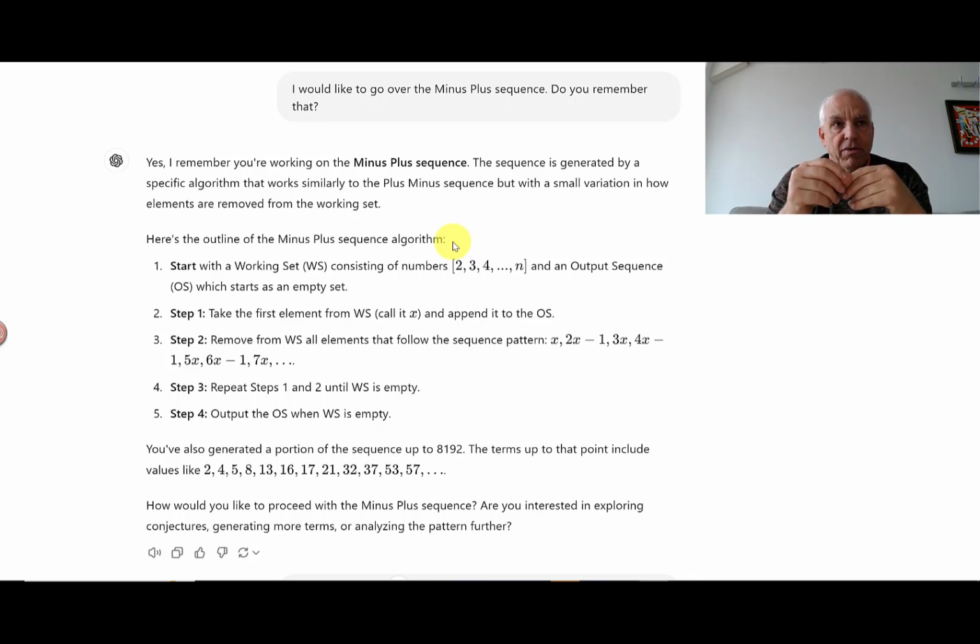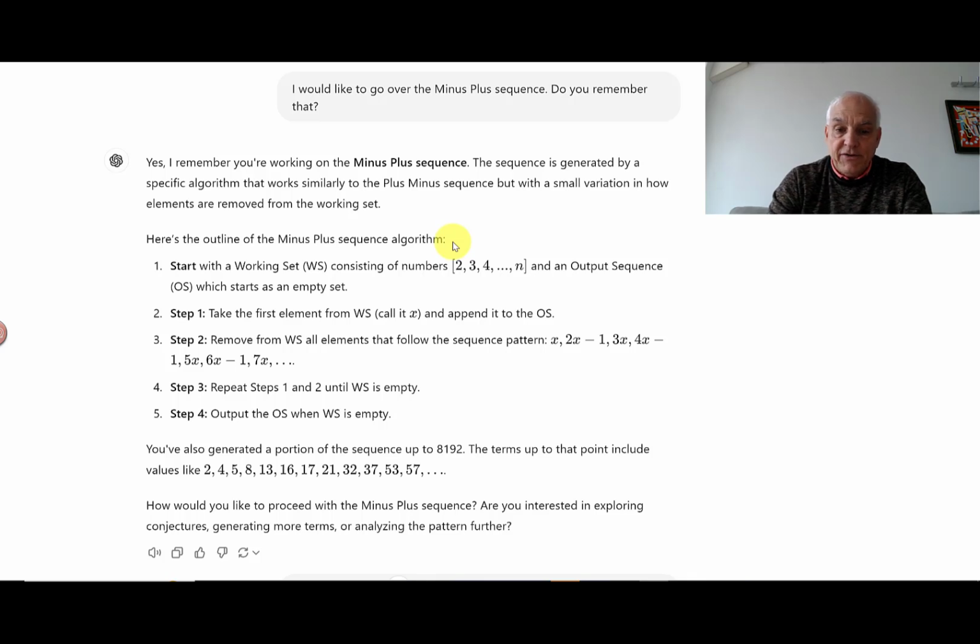But it's also notable that the machine is really interested in formulating things clearly, laying things out. And I want you to listen to the language that it's using and the way it's presenting information. Okay, so we've already talked about the minus plus sequence. It's now just summarizing it for us.